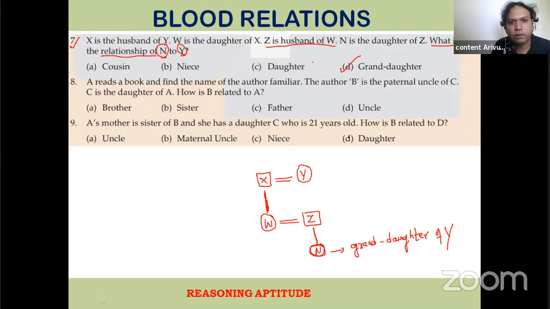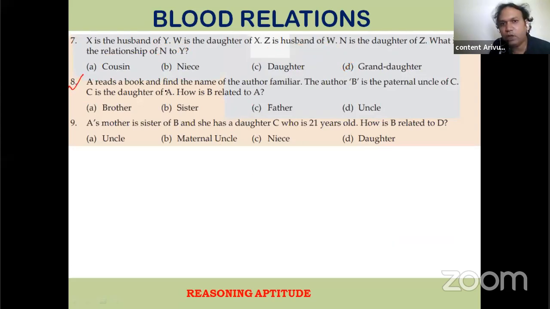Every question will be done from the exercise book. There are many, many questions. I can't do everything, but I've selected handpicked questions for you from the ICI material, which I'll be solving, completing the blood relations portion, and then we'll move on to the direction sense portion for today. We'll complete both of these topics in this class. Okay, now let's look at question number 8.